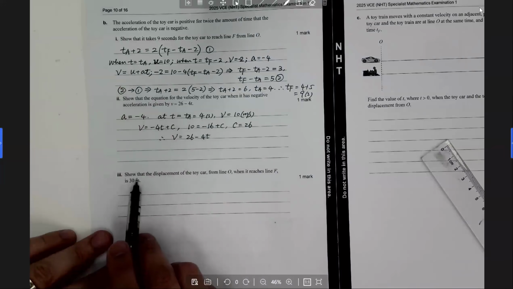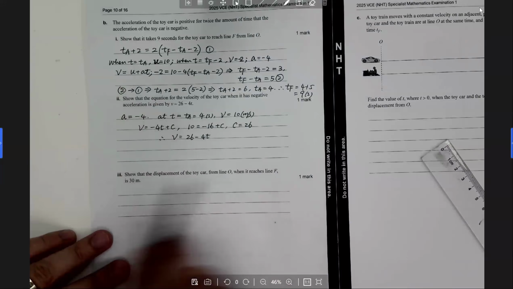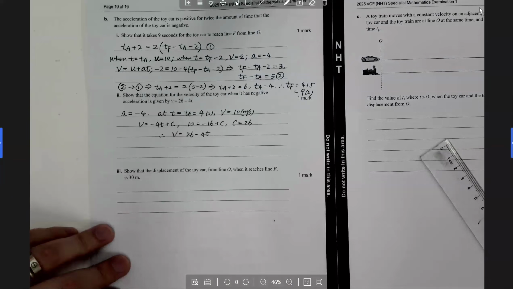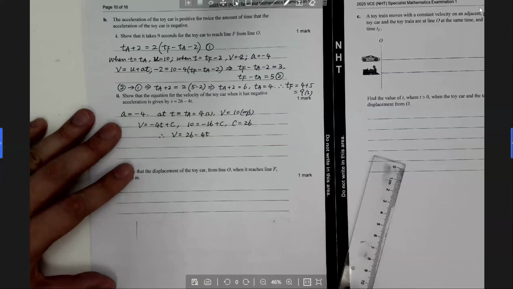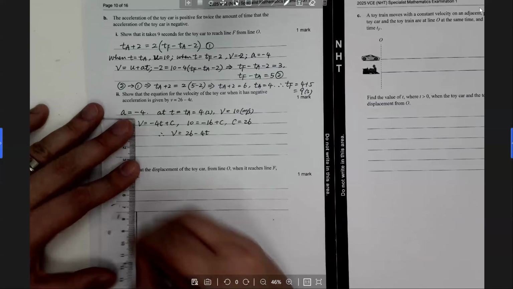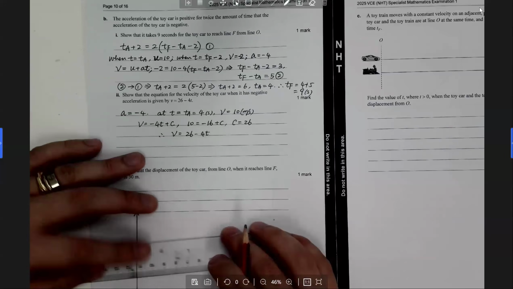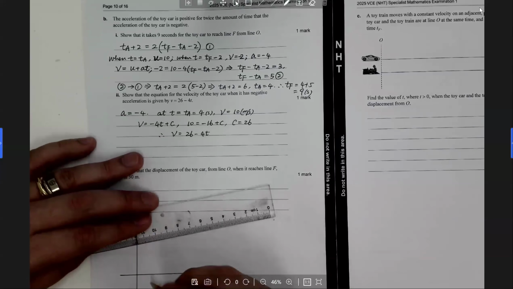And lastly, show that the displacement of the toy car from line O when it reaches line F is 30 meters. I probably need a diagram. Let me just draw a quick diagram. Okay, that's the diagram. This is 9 seconds. Takes 4 seconds.